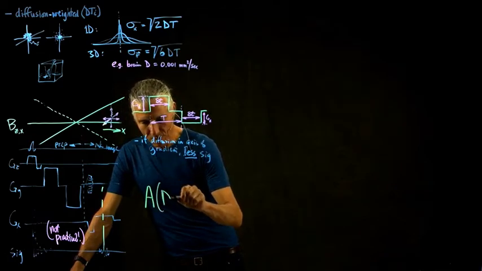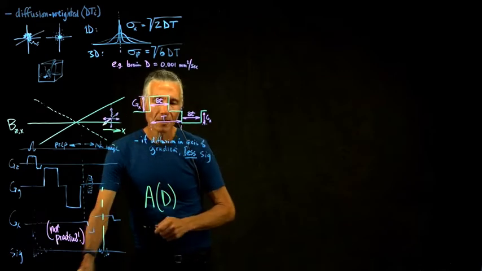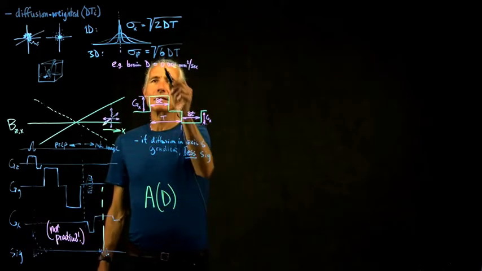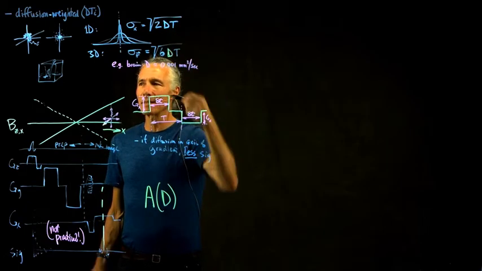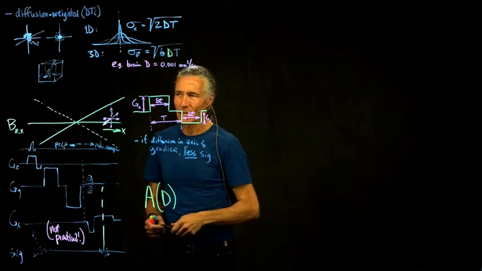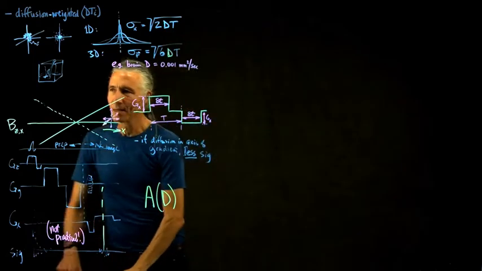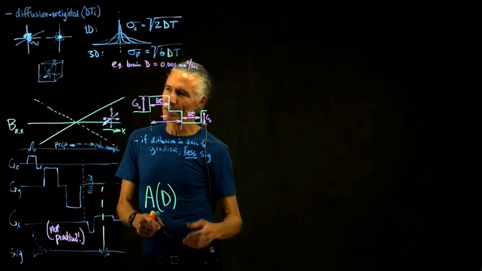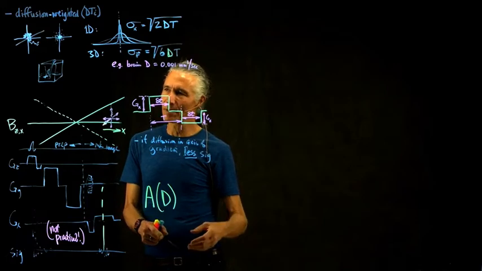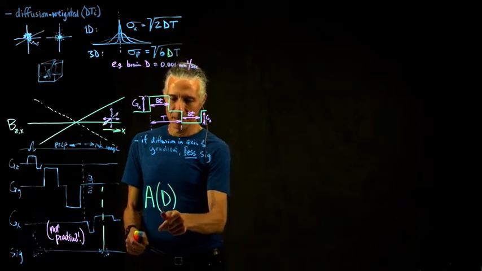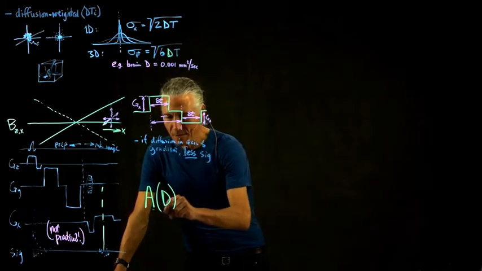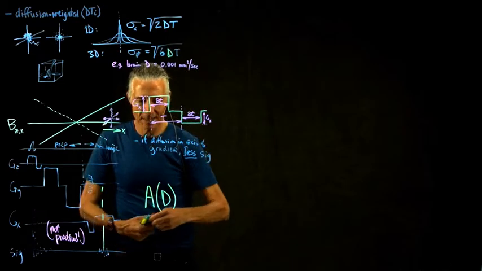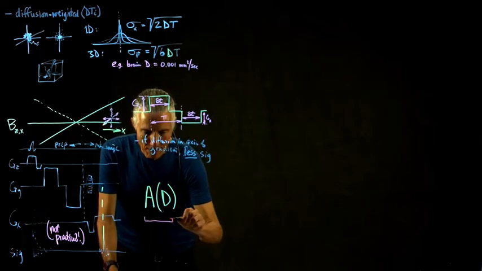So that's kind of what we're trying to measure: how much diffusion occurs. Was it a lot, and was it in the x direction, or was it a small amount, mostly in the y direction? The way that we measure this is the way that we measure the attenuation. So this is the attenuation, which means the lessening of the signal.